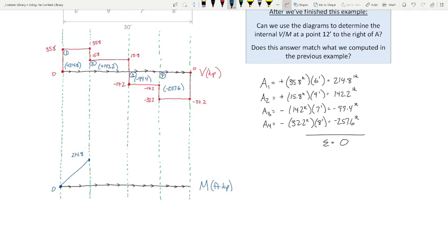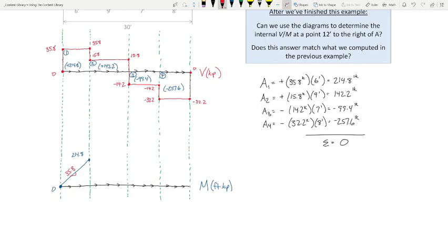So far, so good? Now here's a pop quiz for you. What is the slope of that line? You don't need to do any math. 35.8. Why? Because that's the value of the shear diagram. The slope of this line is 35.8.